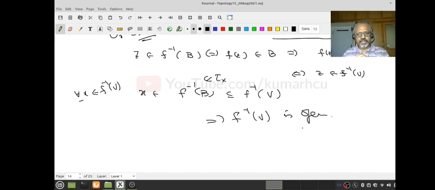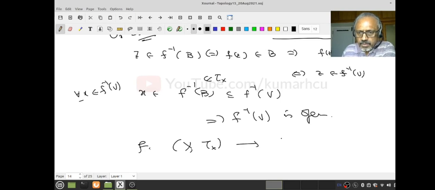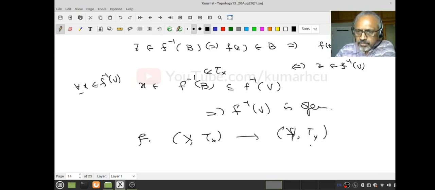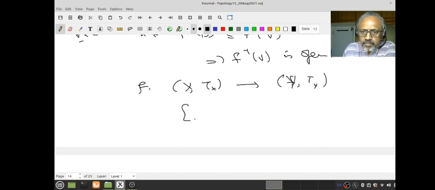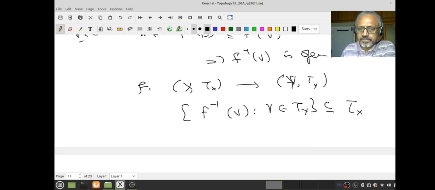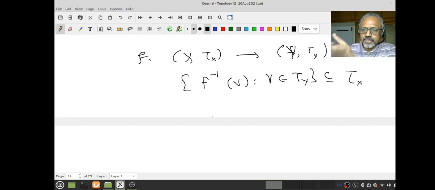Please go through that. So what I have shown is, to check continuity of f from (X, tau X) to (Y, tau Y), what I have to do is, let me write, V is in tau Y, this is contained in tau X. Right? This is continuous if only this. Now that means for each and every V I would show it.